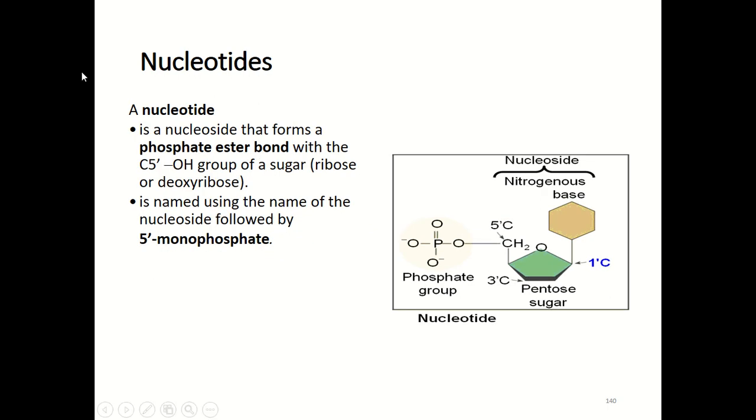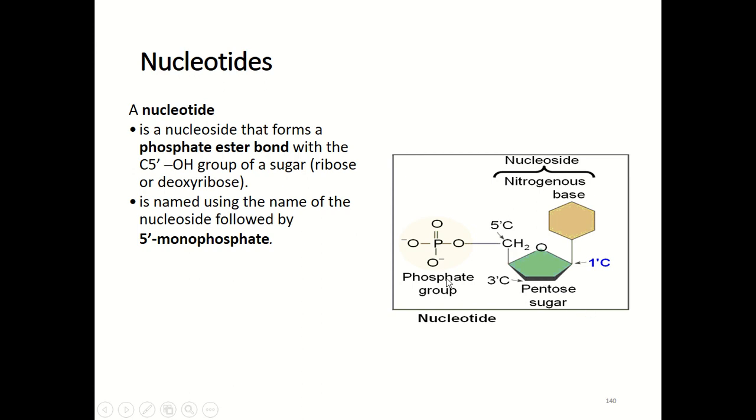Next, we're going to look at the nucleotide. A nucleotide is where a nucleoside combines with a phosphate group to become a nucleotide, and the link here is known as a phosphate ester bond, or can be called a phosphodiester linkage. So again, between nitrogenous base and pentose sugar is a glycosidic linkage.